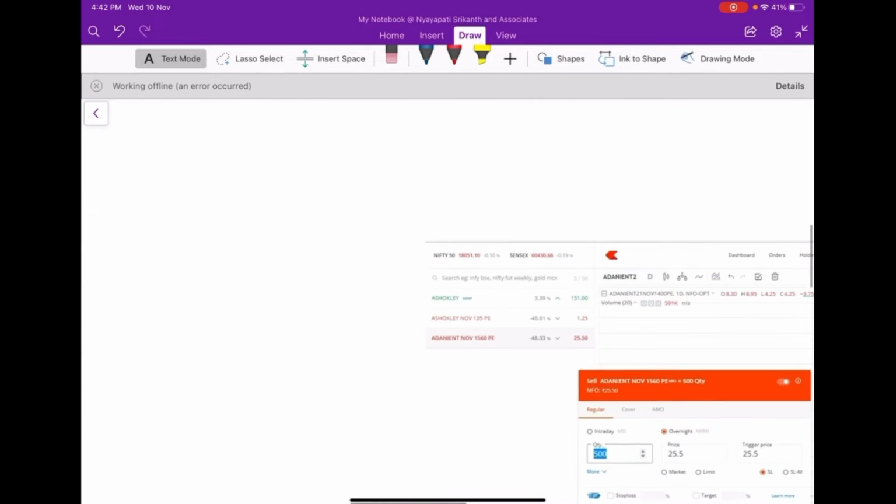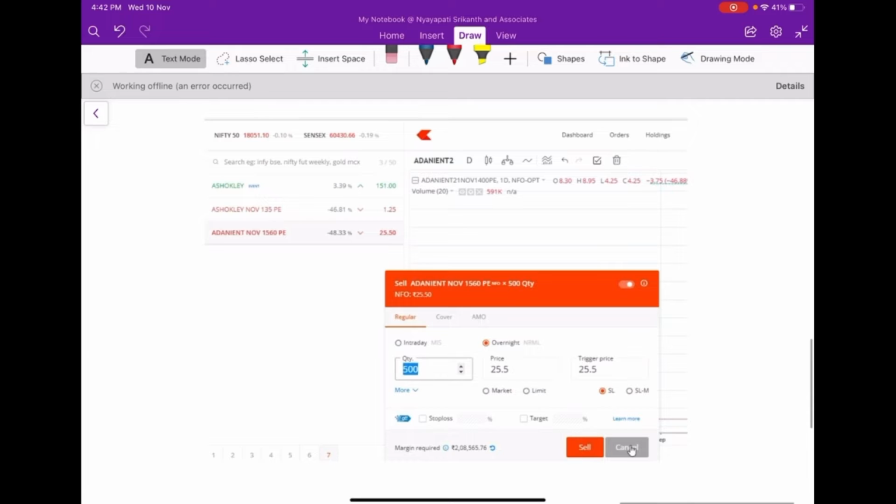And to sell a put option, the premium is somewhere around 25.5 rupees and the strike price is 1560 put option. The reason is the same, I choose an out of the money put option. And here I'm selling this put option, so I'm receiving the premium of around 25.5 rupees.